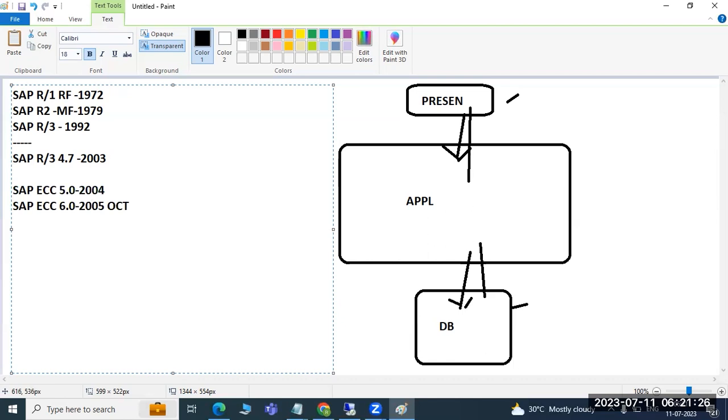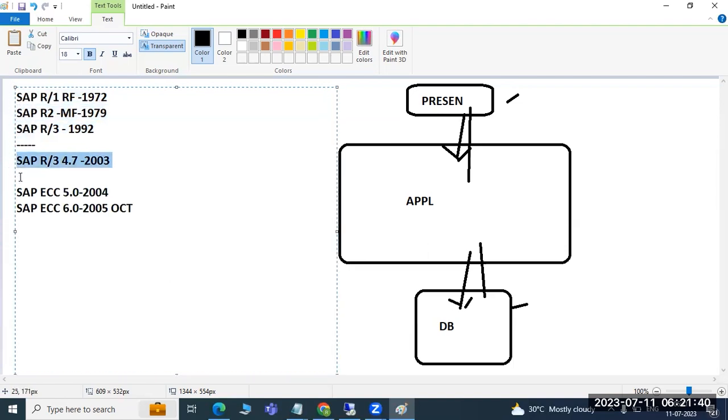First they had R1; their product names were R1, R2, R3, and they kept changing versions. Later, instead of R, they used ECC, meaning Enterprise Core Component.